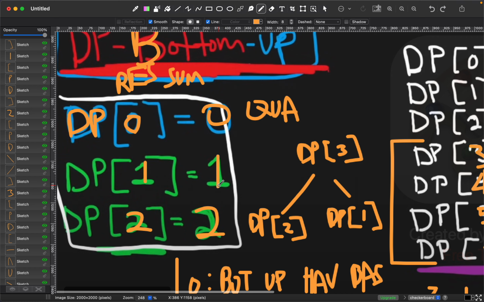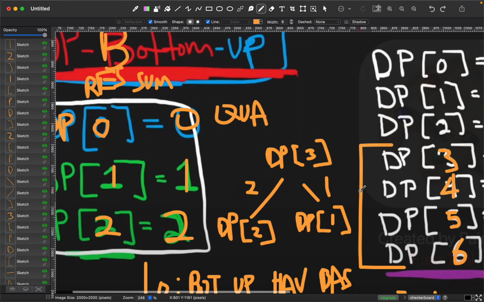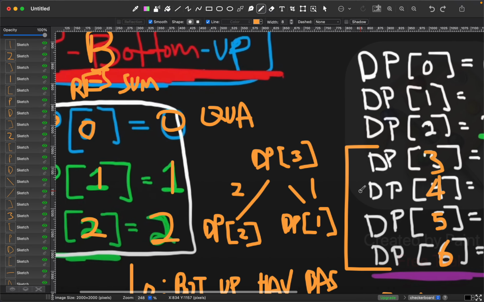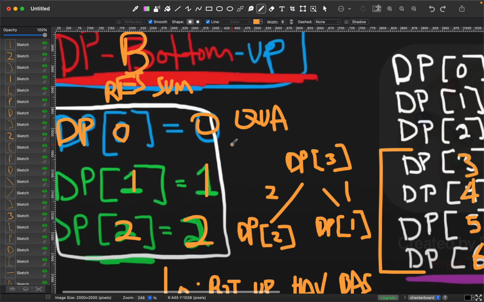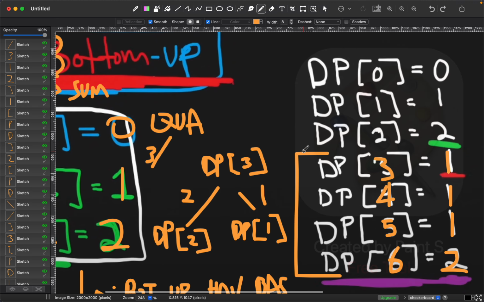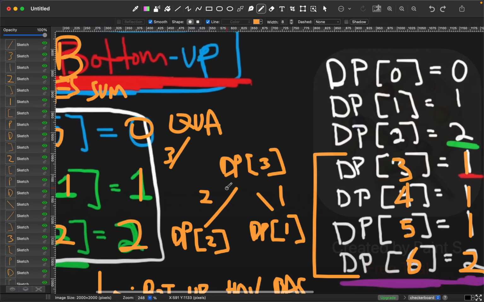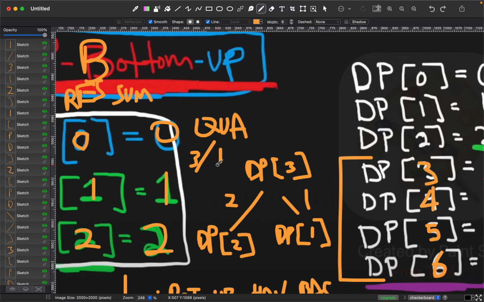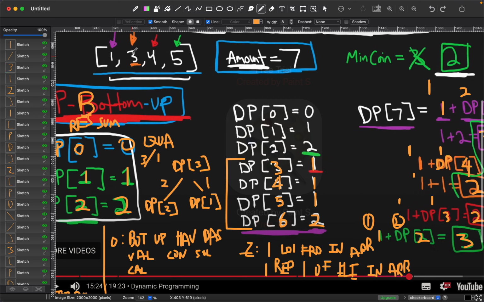And for this case we already calculated DP1 and 2. Here we need 2 quantity. Here we need 1 quantity. So we have the option of either 3, or, I'm kind of shocked to get this answer, or I get a 1. 1 is because my array already has the 3.